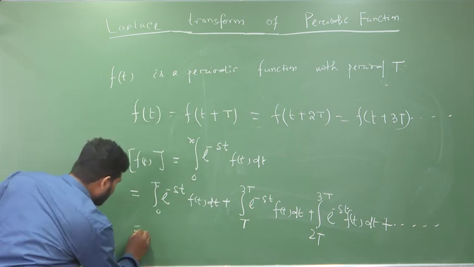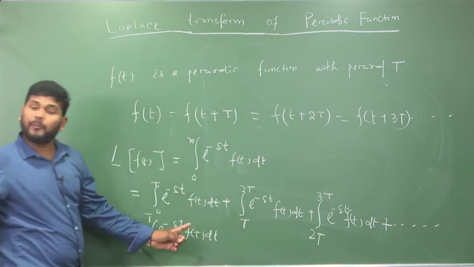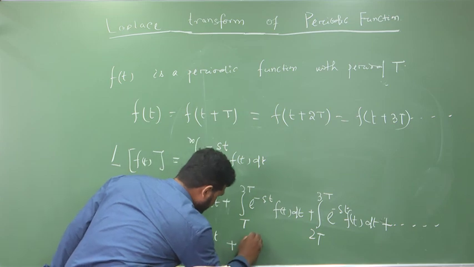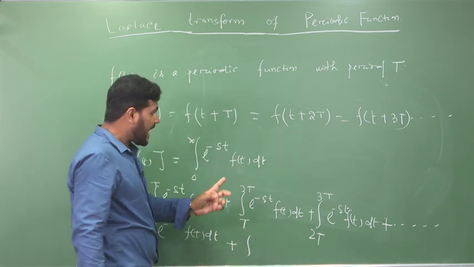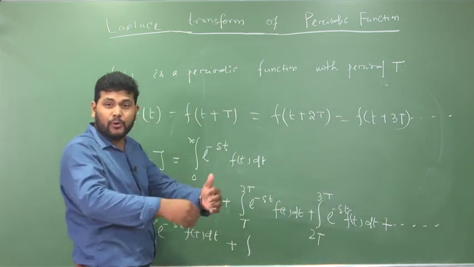Now I will make a substitution. Look here, I have written the first integral. For the second integral, from T to 2T, I will change into a new variable.